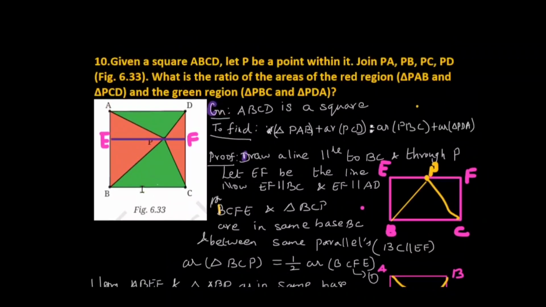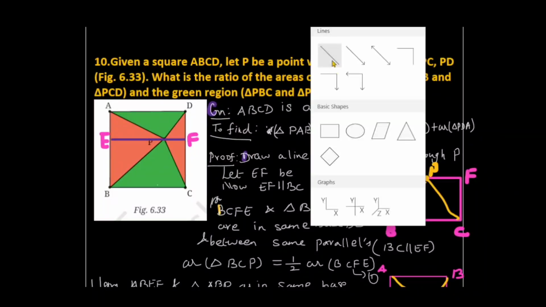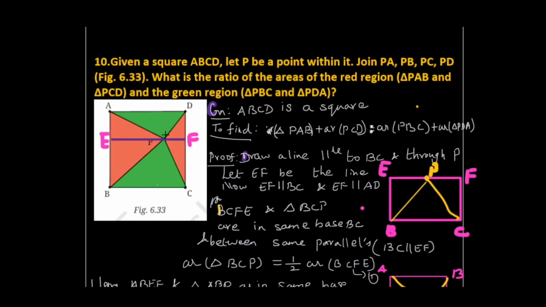Now draw another parallel line through P. See, through P, we are going to draw another parallel line. Now this is parallel to AB and CD. This is GH.